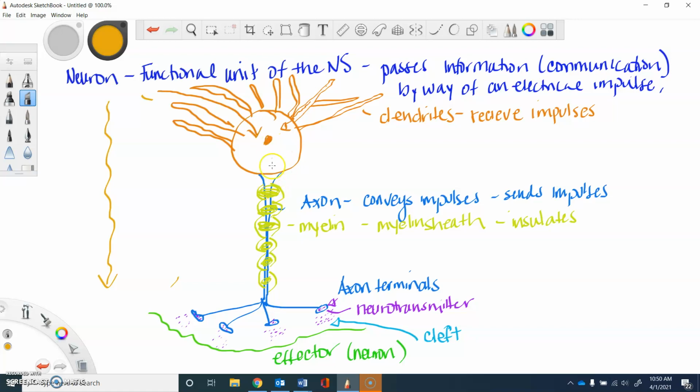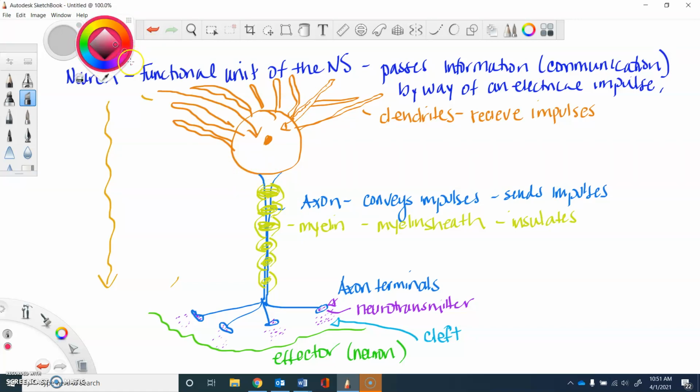There are some extra things in here, just so you know. The neuron is a very metabolic structure. It makes a lot of proteins, so it has a very complex endoplasmic reticulum type structure.